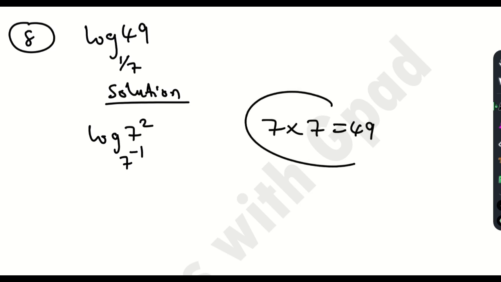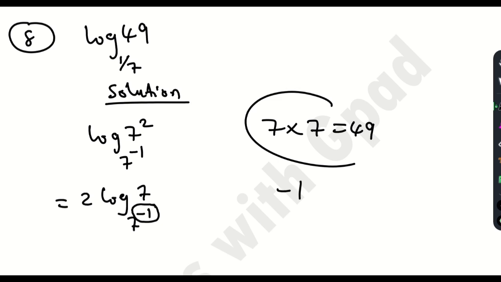Okay. I'll move this exponent, use it to multiply the logarithm as I did earlier. So it's going to be 2 log 7 base 7 raised to the power -1. What about the -1? That is the exponent of the base. What do we do? I told you before that if you must remove the exponent from the base, you will have to take the reciprocal of that exponent. So the reciprocal of -1 is 1/-1, which is basically -1.